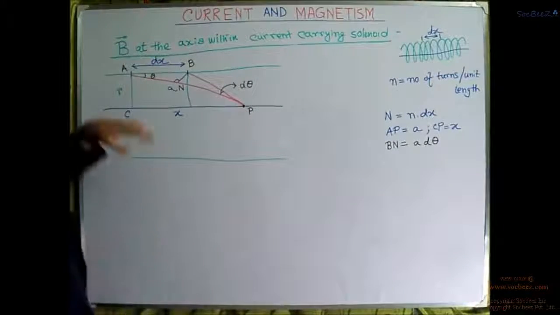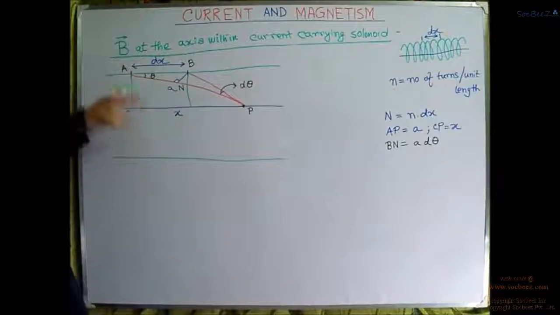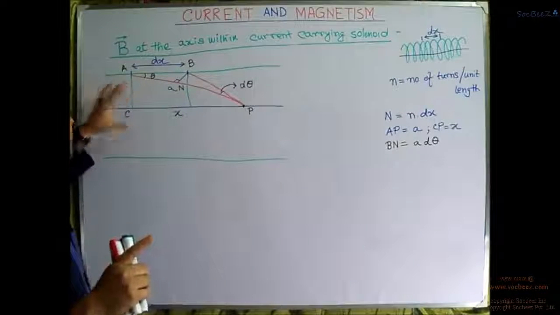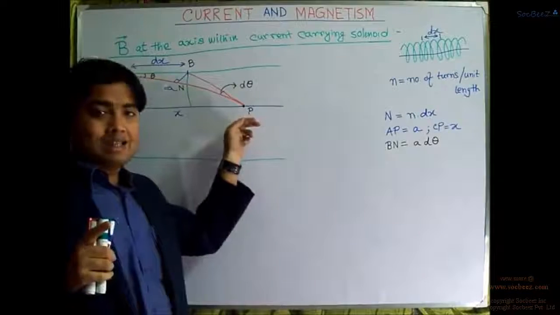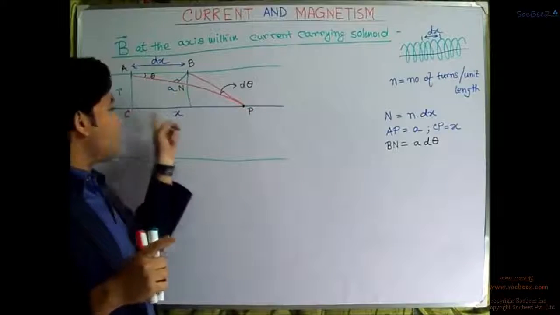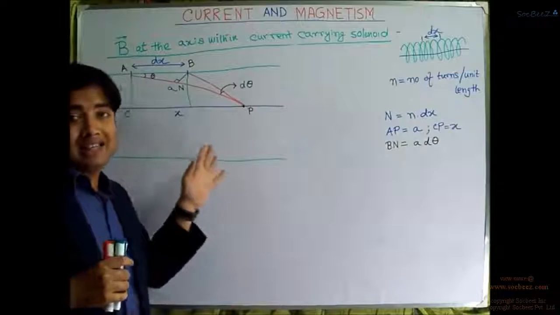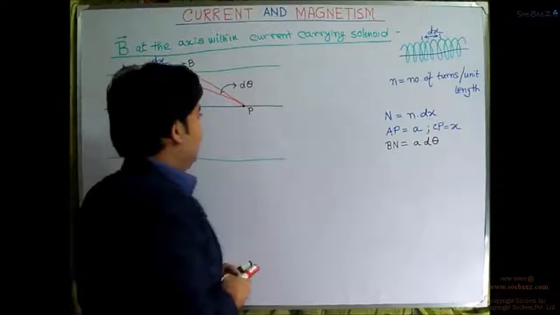Now, let us check only one loop over here. If this is only a single loop, then at a point on the axis separated by a distance of, say, x, what can the field be?